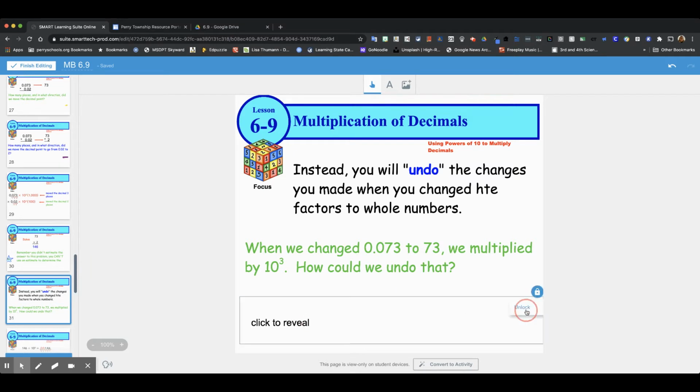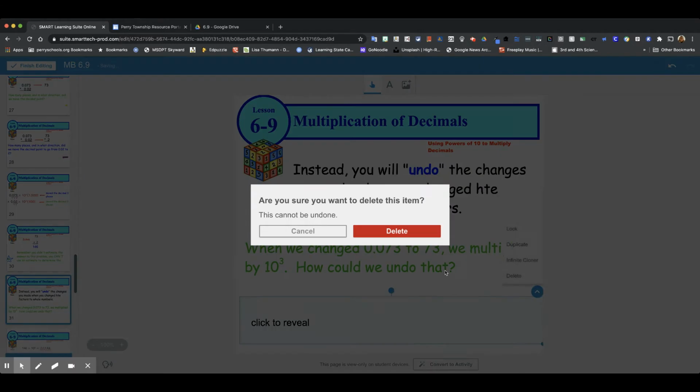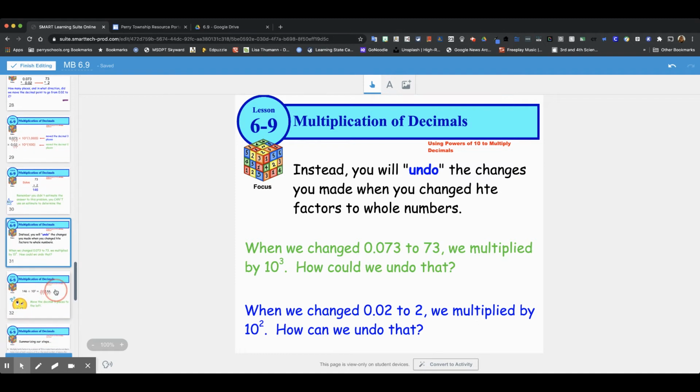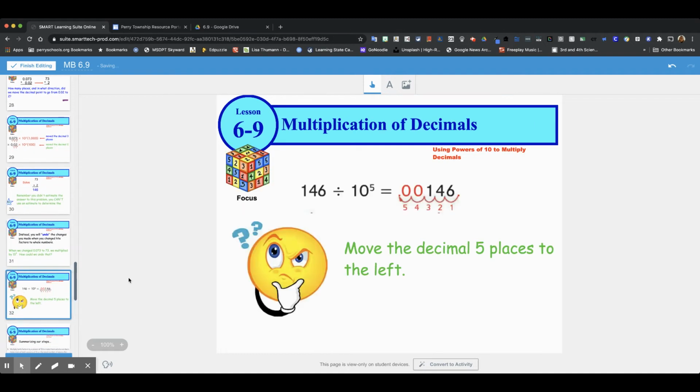What do you think? And when we changed 2/100ths to 2, we multiplied by 10 to the second power. How can we undo that one? What would we do to take back that multiplication? I'm hoping you're saying division because that's the opposite.